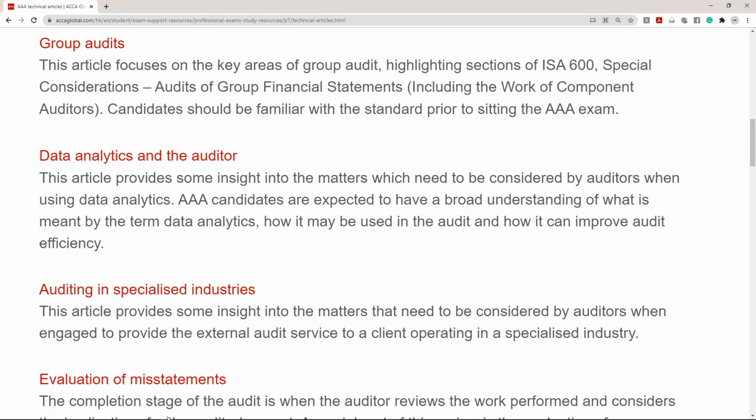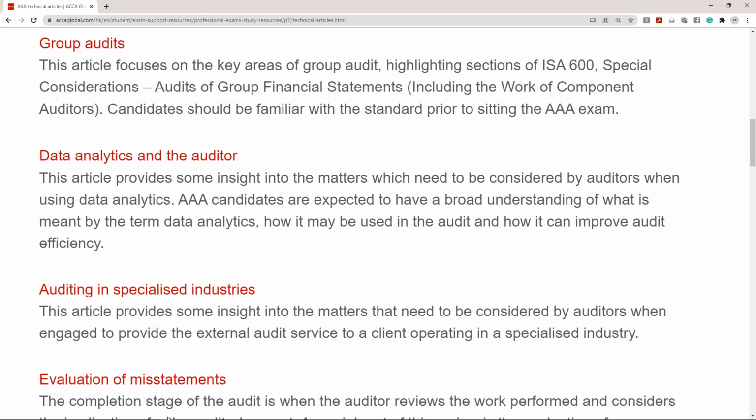The knowledge part of the group audit is using the work of the component auditor. Have you ever covered this topic? How the group auditor uses the work of a component auditor, how the group auditor evaluates the competence and independence of the component auditor. If you want to take knowledge of that, it is given in the group audit article.